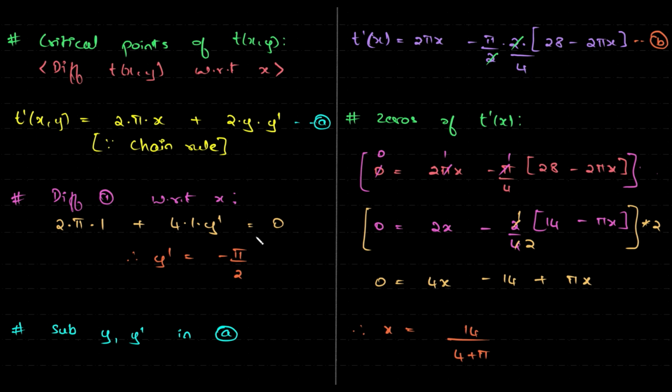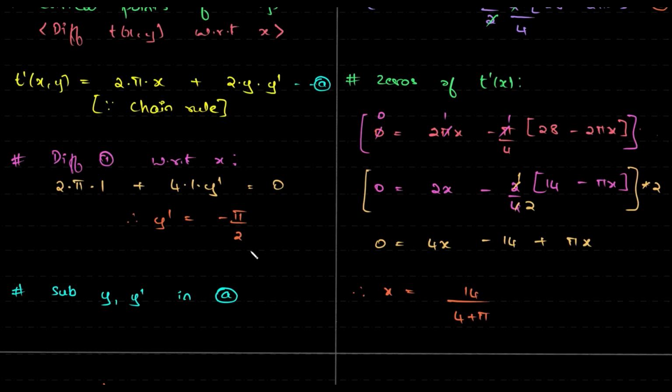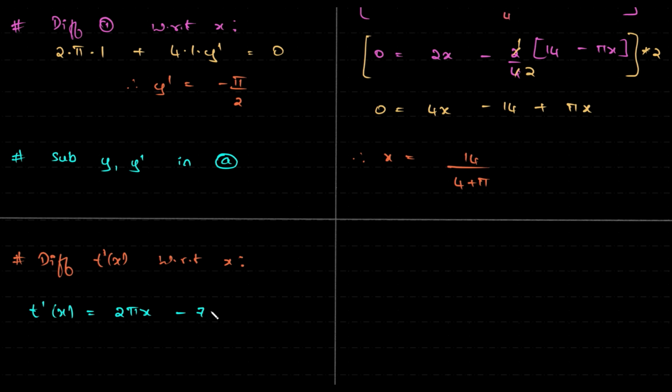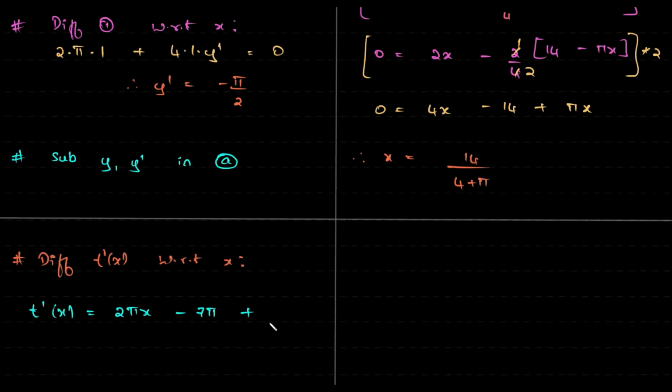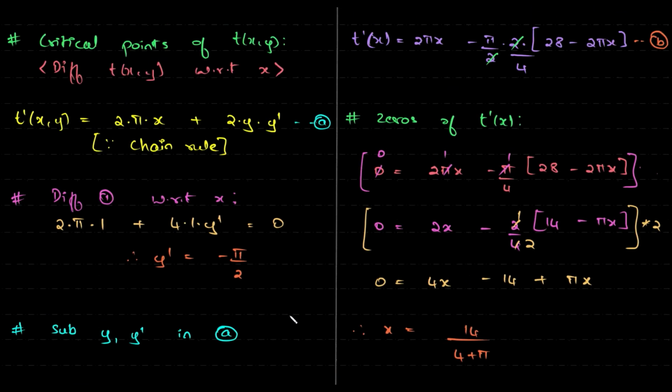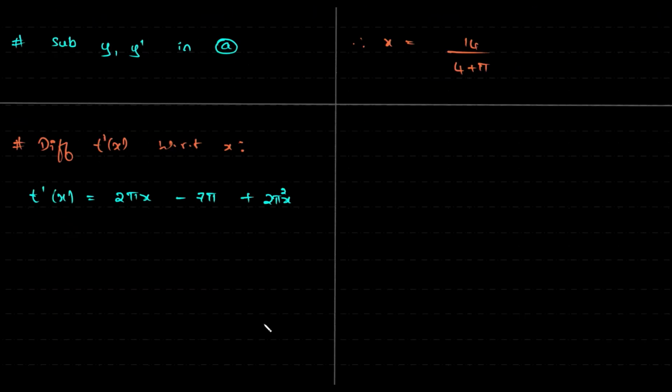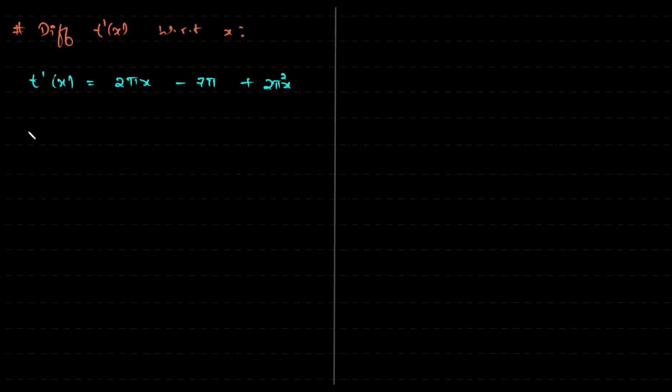So that would be, okay, so 28, 7 4s are plus, and then again we have 2 pi square x. Pi square x, right? Yeah. 7 4s are, then pi, so on and so forth. Okay. So we have this. This is 2 pi. This is 0. And this is 2 pi square.